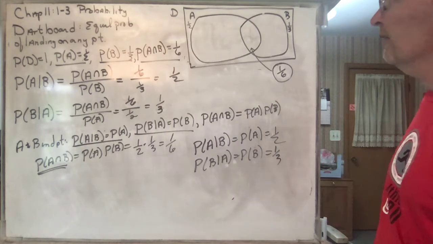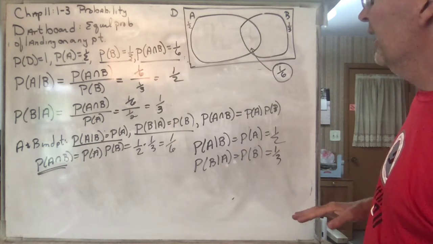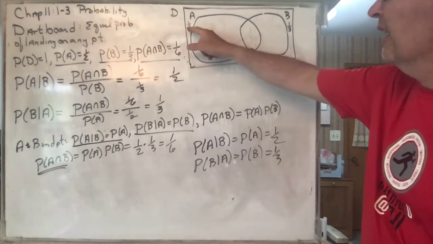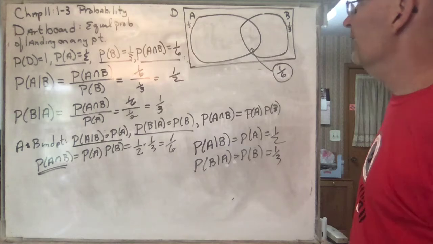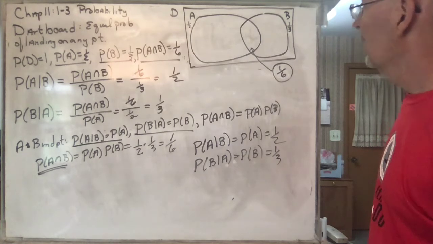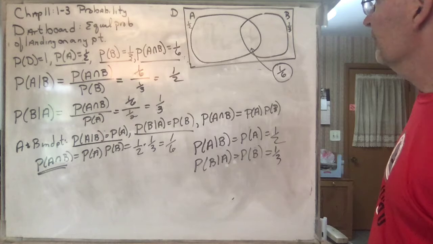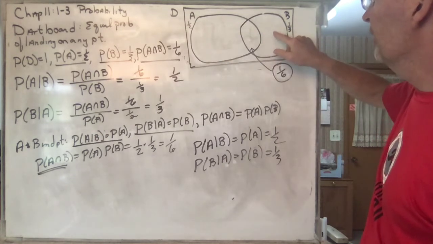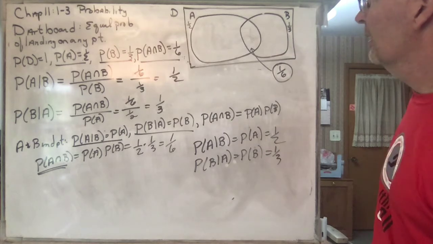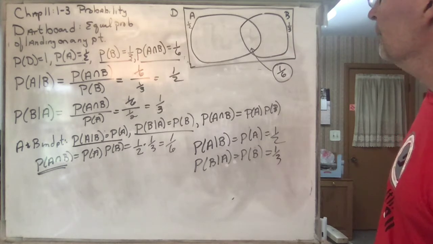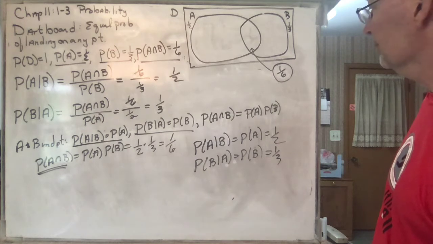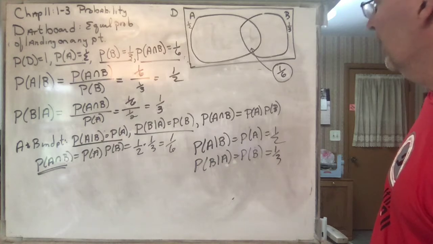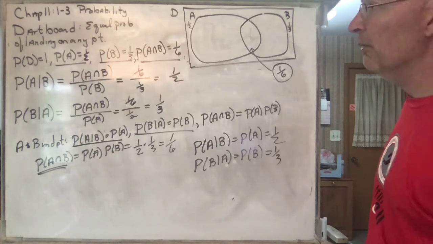So if the dartboard looked like this, and you had your blindfold on, and you just threw it, and I said to you, what's the chances that you landed in A? You would say, well, chances that I landed in A would be 1/2. And I'm going to give you some new information. I'm going to tell you though that you landed in B. And if you landed in B, how does that help you out?